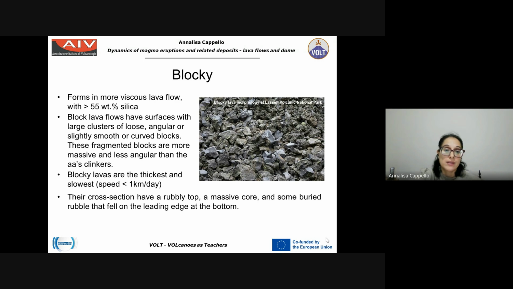They are the slowest ones, because their speed is generally less than 1 kilometer per day. And their cross section has a rubbly top, then a massive core, and then some buried rubble that fell over the leading edge at the bottom.